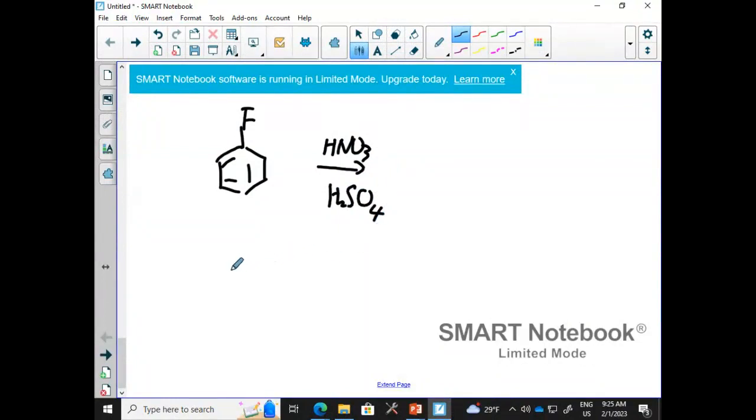In the sigma complex, if it's the para one, okay, you can always write this resonance form.